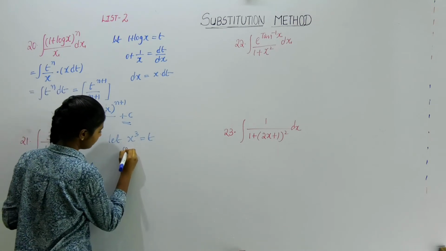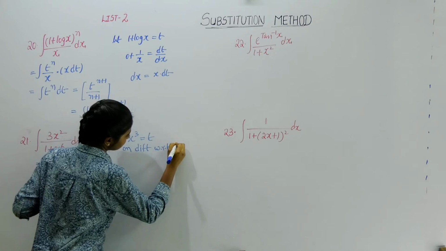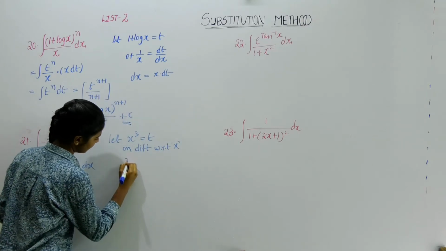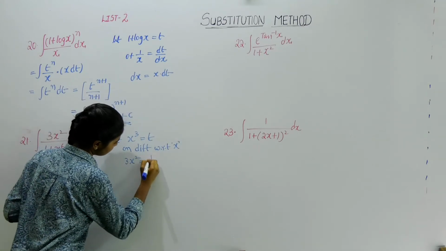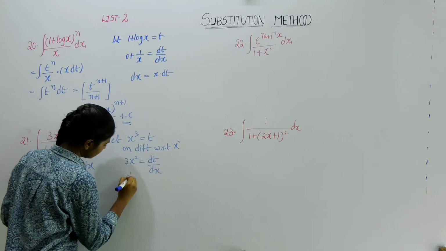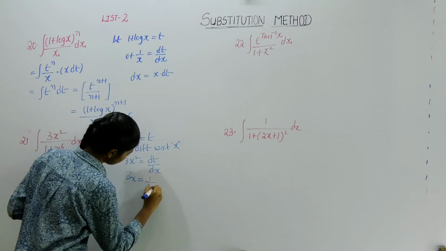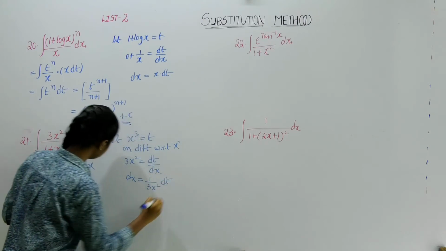On differentiating with respect to x on both the sides, we get 3x square is equal to dt by dx. Now, in the place of dx, we can write 1 by 3x square into dt.